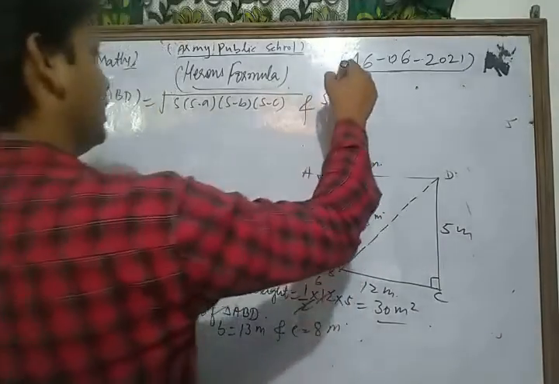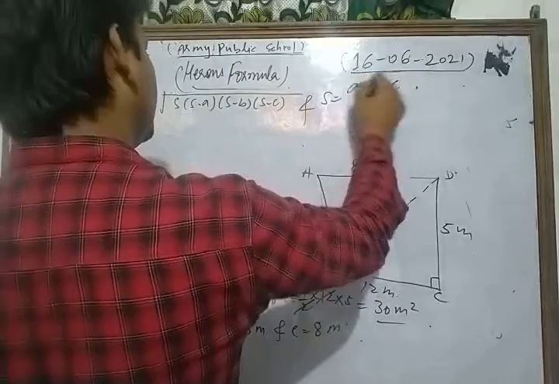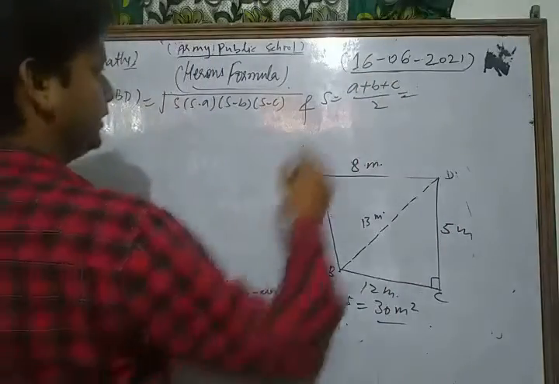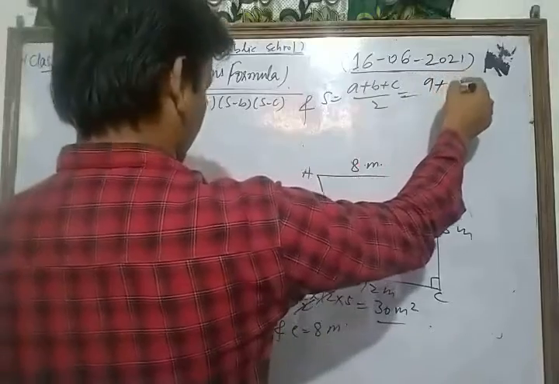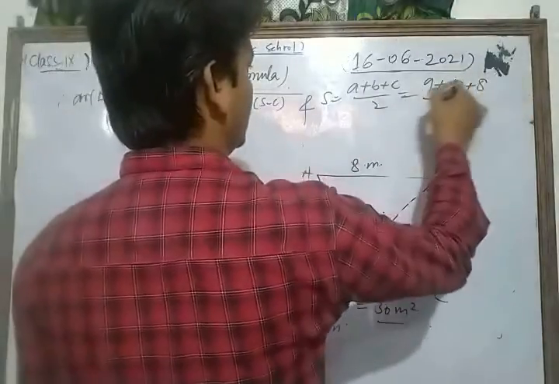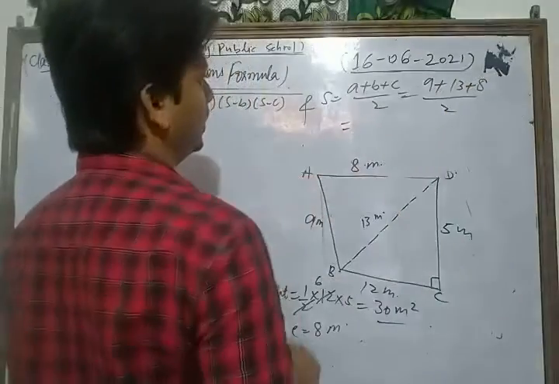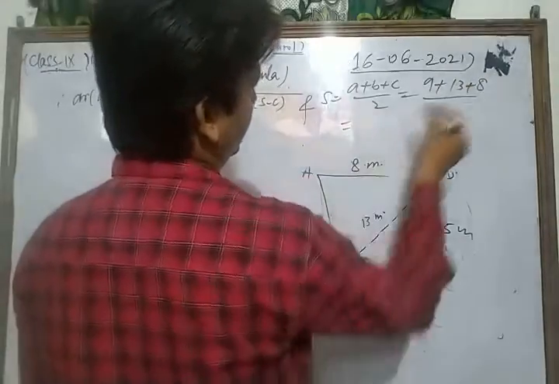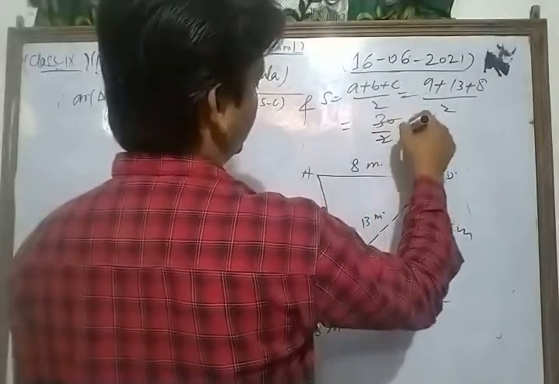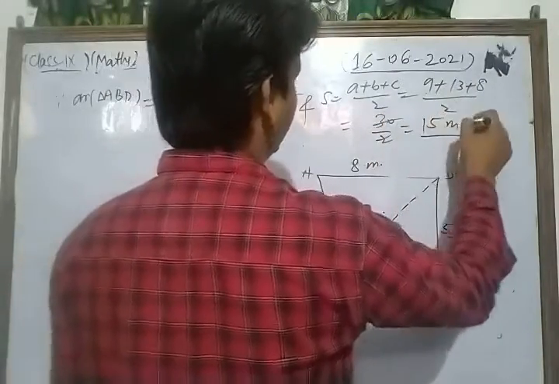S is equal to A plus B plus C upon 2. So A is 9 plus 13 plus 8 upon 2, which is equal to 30 upon 2. This is 15 meter.